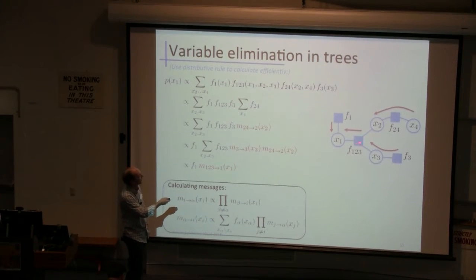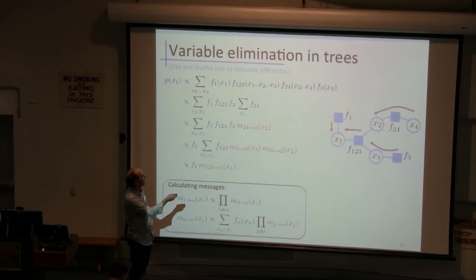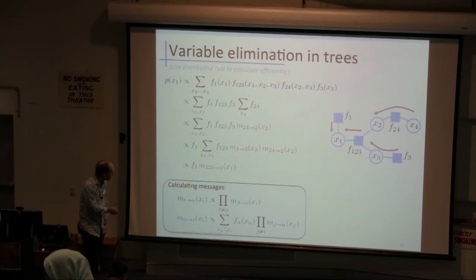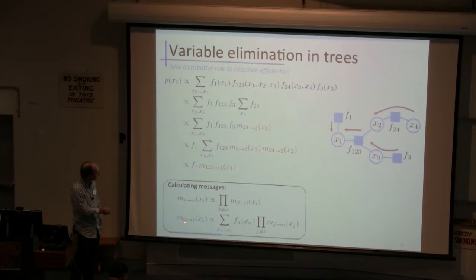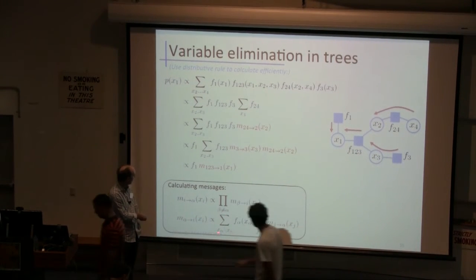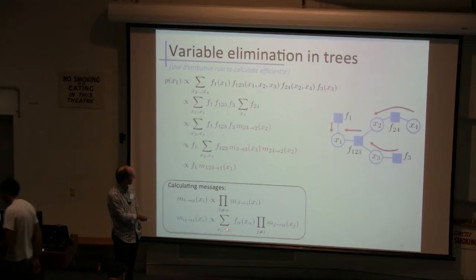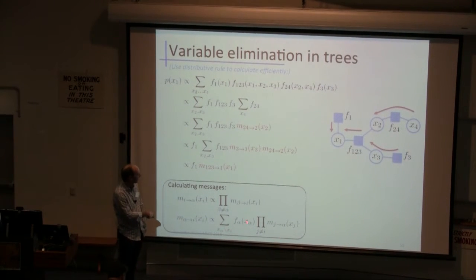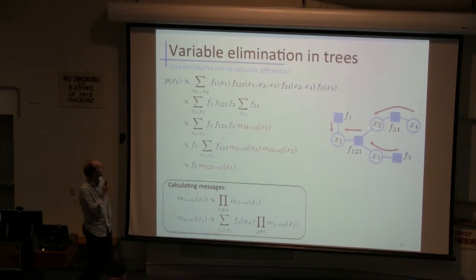So here, for example, to send a message from x2 to f123, I would take the incoming messages from my neighbor 24. And then messages from cliques to variables are also functions of the variable itself. Those correspond to just eliminating all the variables in x alpha except xi of the factor f alpha times the product of messages.